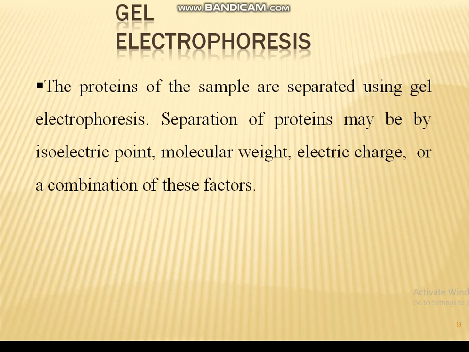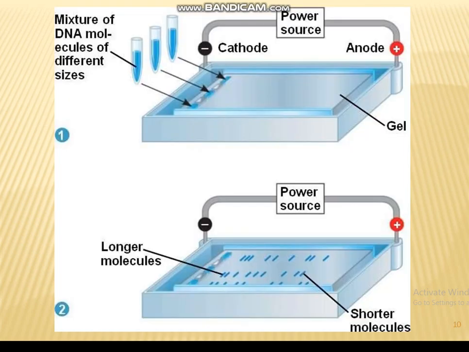Next step is gel electrophoresis. The proteins of the sample are separated using gel electrophoresis. Separation of proteins may be by isoelectric point, molecular weight, electric charge, or a combination of these factors. Now you can see in the diagram how this technique is performed.